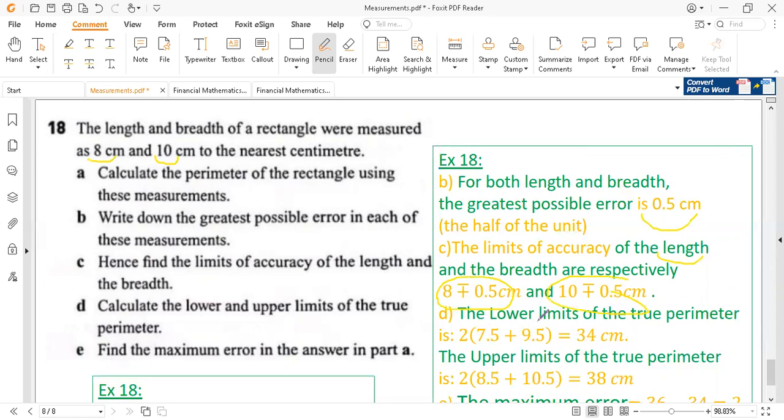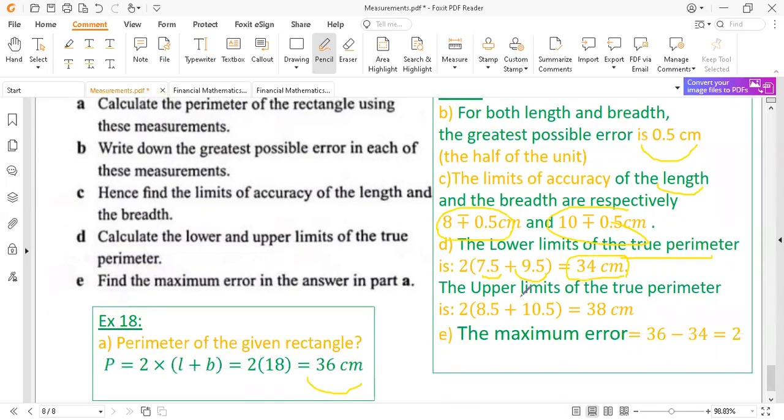Normally for the lower limit of the true perimeter, we use only the lower length and the lower breadth. So it is 8 minus 0.5, 7.5 for the length, and for the lower breadth 10 minus 0.5, 9.5, to obtain the lower limit of the true perimeter.